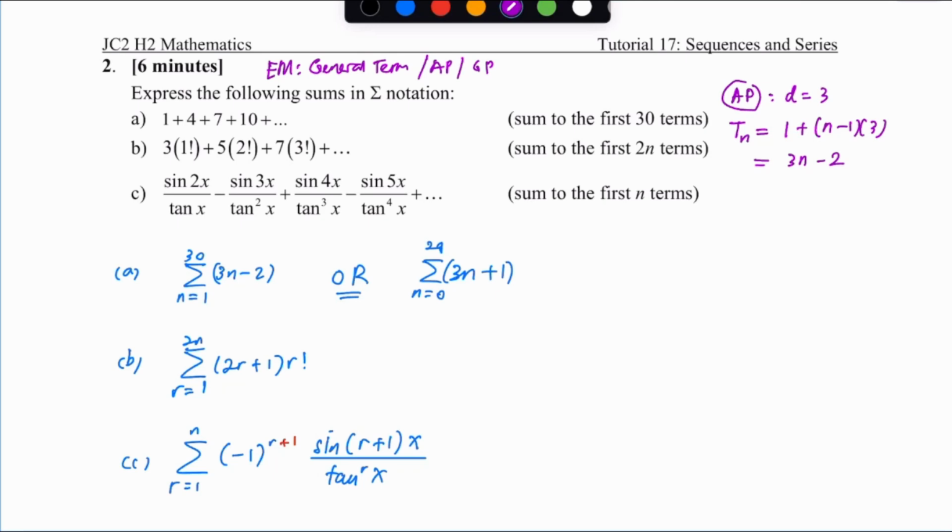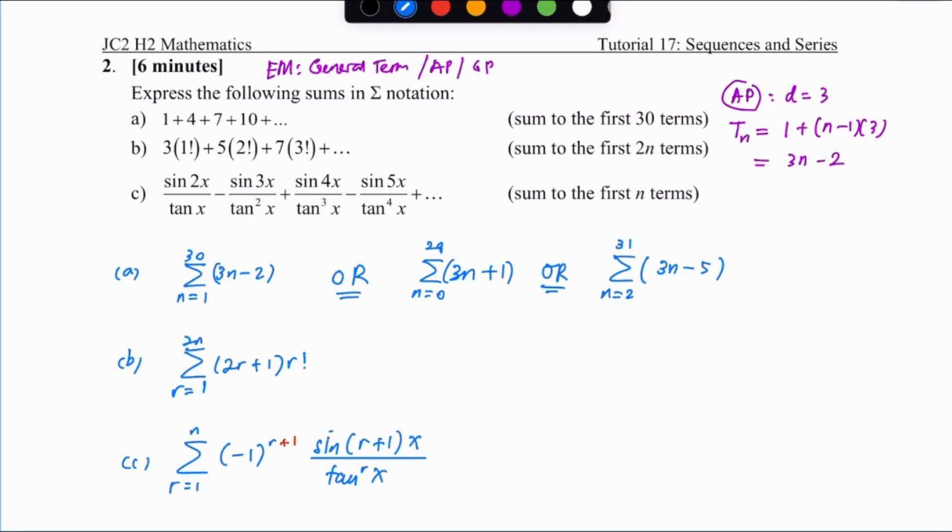Technically speaking, if you want, you can use 3n minus 5, but you start from n equals 2 to 31. That also works, but you need to check that when you substitute, it matches the terms.